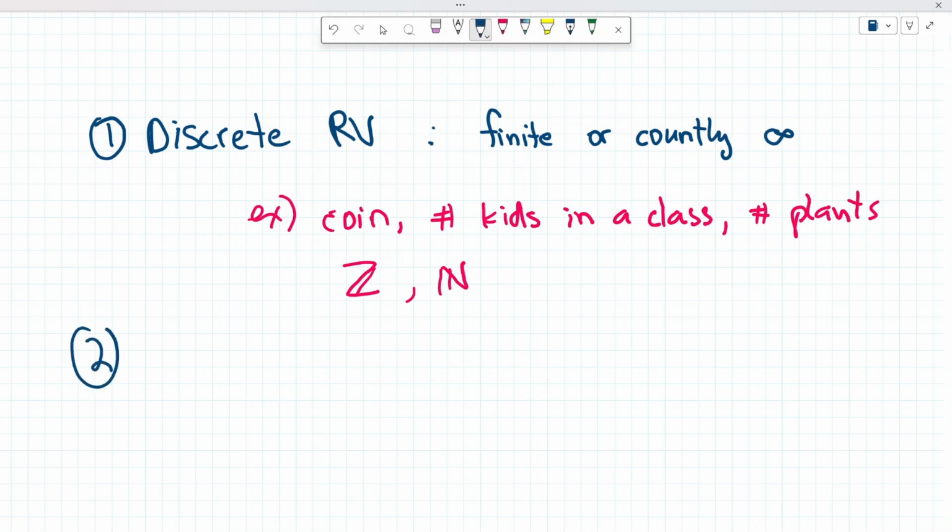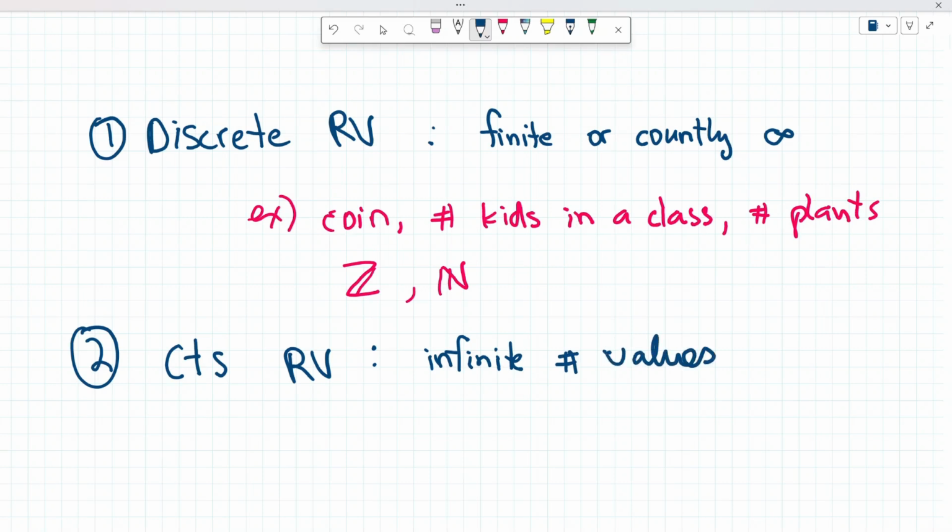Whereas the second type of random variable is a continuous random variable. This means that there is an infinite number of possible values that we can have. So for this one, think of the real line. Think of all the real numbers. Even consider an interval from 0 to 1. On this interval, we take the number 0, we take the number 1, and there's actually an infinite amount of numbers between 0 and 1.